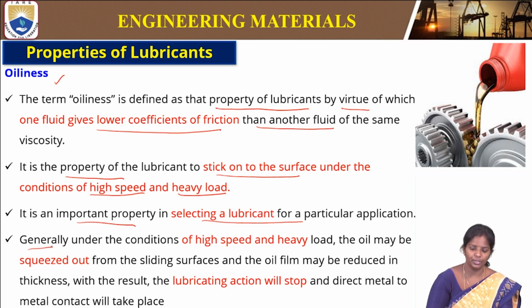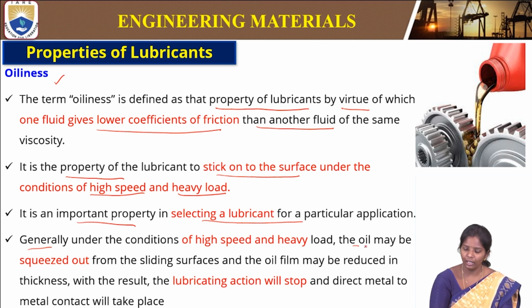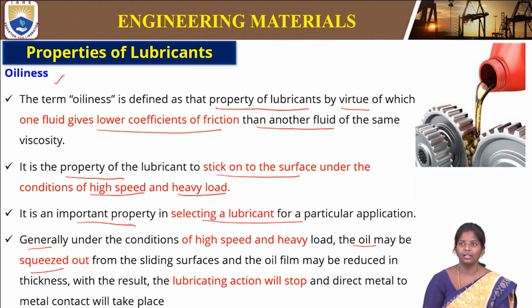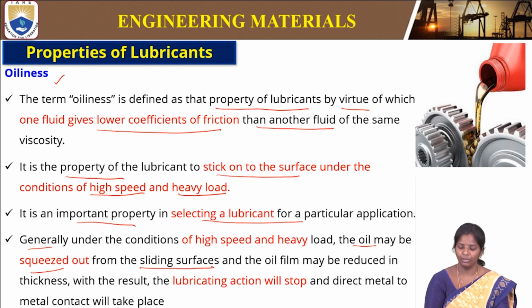So generally, under the conditions of high speed and heavy load, the oil may be squeezed out because of the heavy load present and the high-speed running. The squeezing out of oil takes place from the sliding surfaces and the oil film may be reduced.